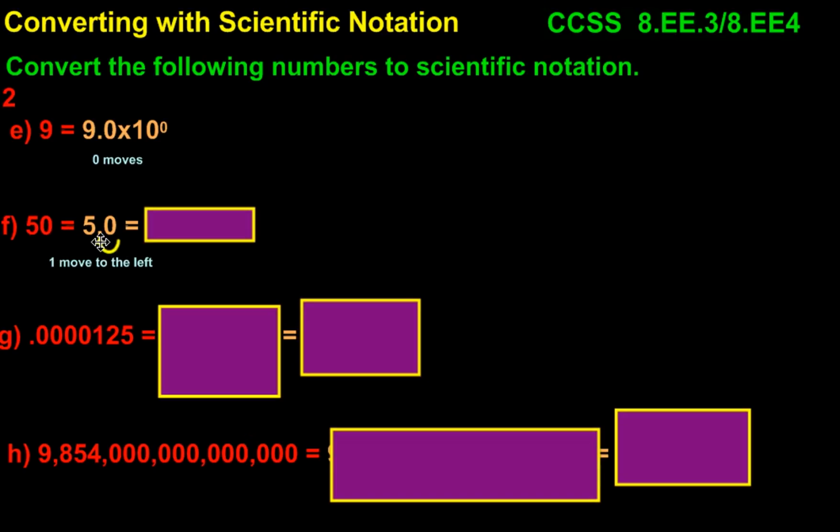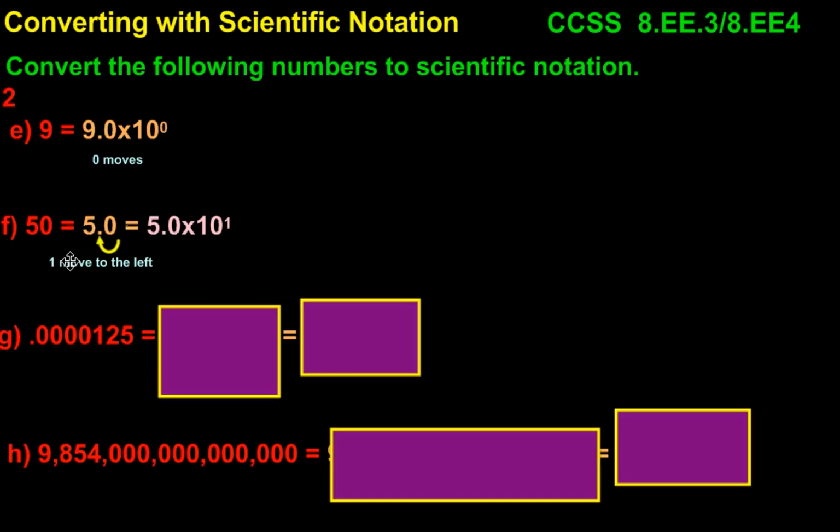And as we do that, we move the decimal one time. It's going to be 5.0 times 10 to the 1. Again, the exponent on the 10 is simply indicating how many moves the decimal had to get to for this to be in scientific notation.